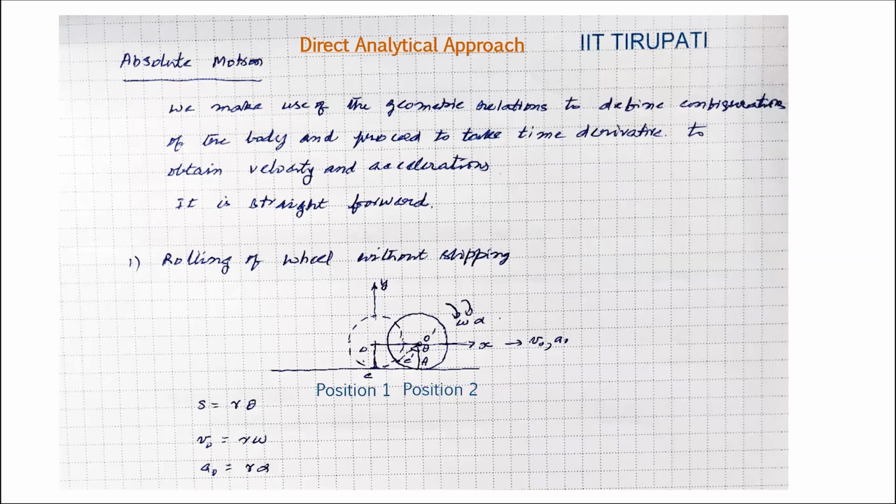And now we can get into the analysis of motion. There are two approaches. One is a simple direct analytical approach, where if you can give the expression for x of a point you are interested in as a function of time, then you can differentiate it to get velocity, and differentiate it further to get the acceleration.